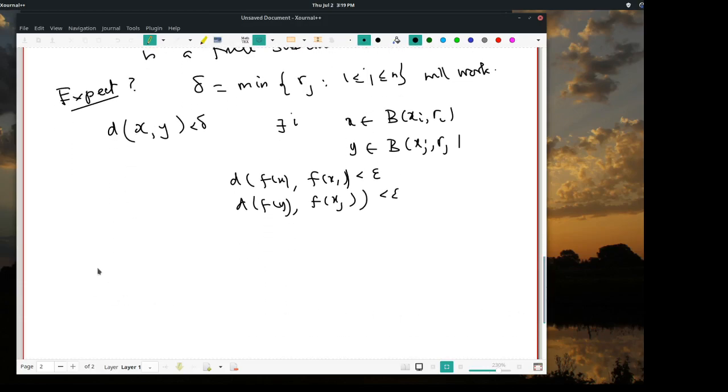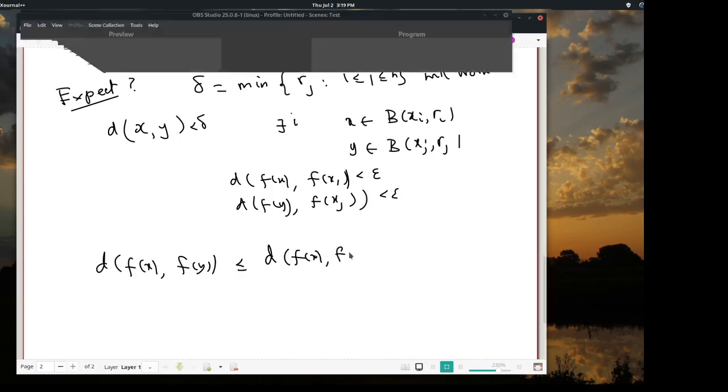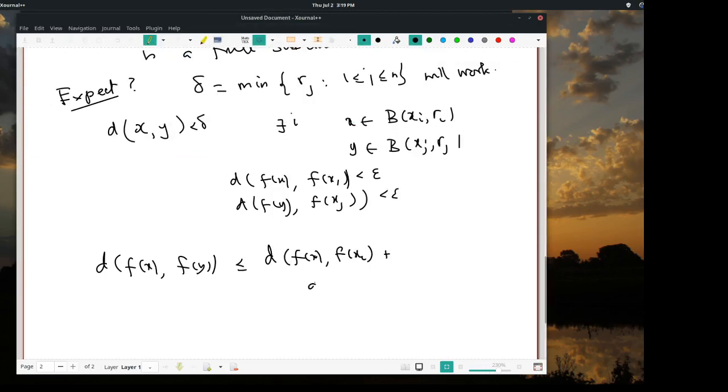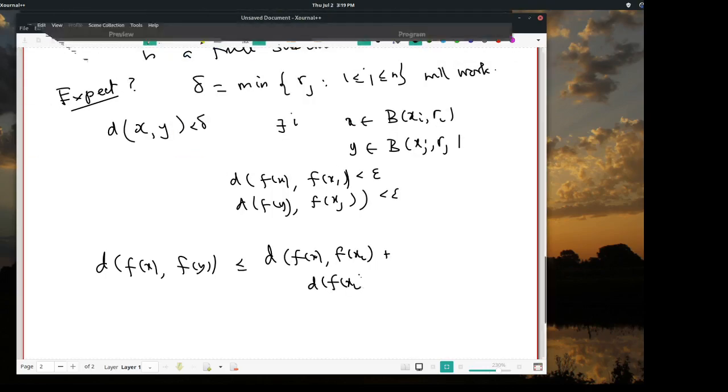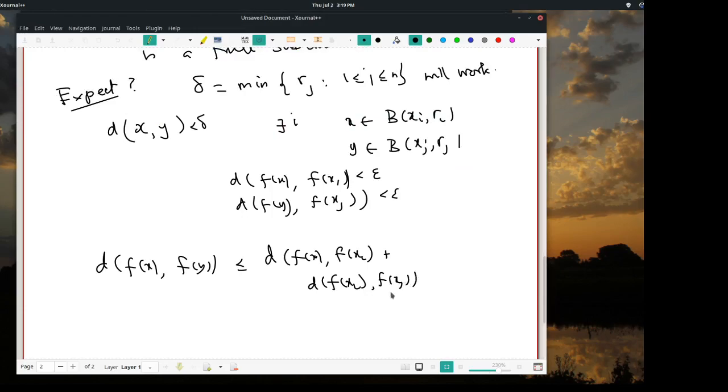You understand that? Because when I want the distance between f(x) and f(y), I will try to split it like this: distance between f(x) and f(xi), plus distance between f(xi) and f(xj), plus distance between f(xj) and f(y).